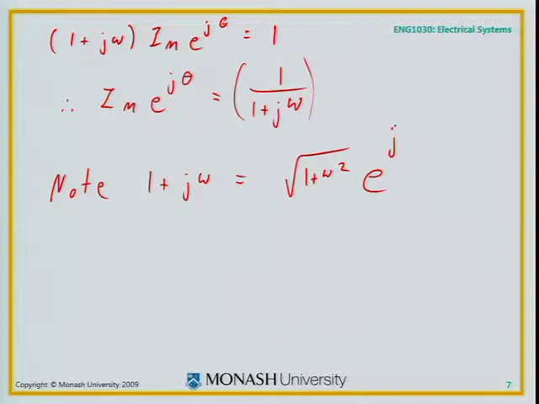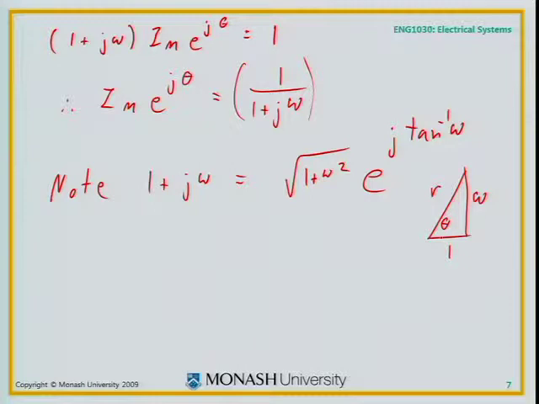Tan inverse omega. Just remember the little triangle there. This is 1, that's omega, so that's the radius, the amplitude, and that's the angle, theta. Tan inverse b on a, or the imaginary part on the real part.